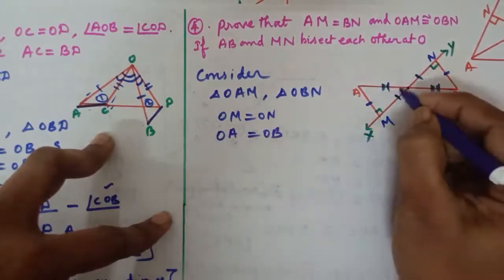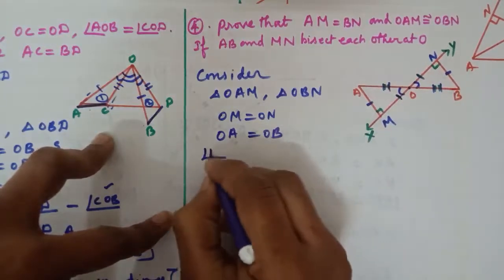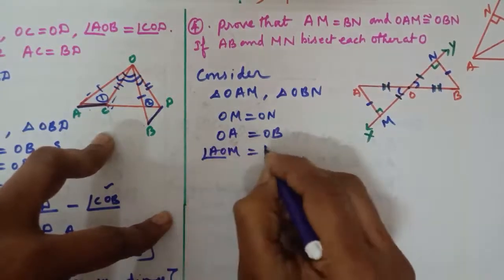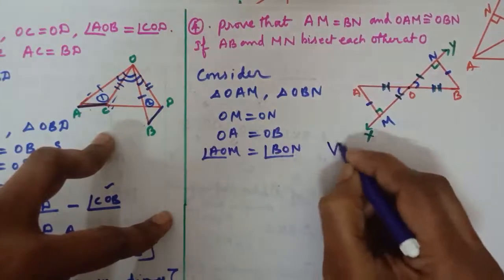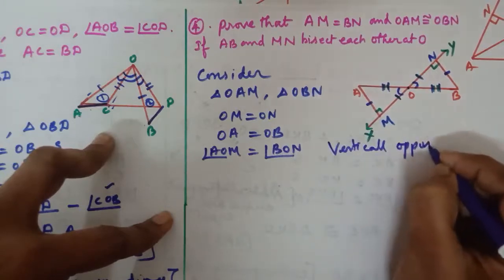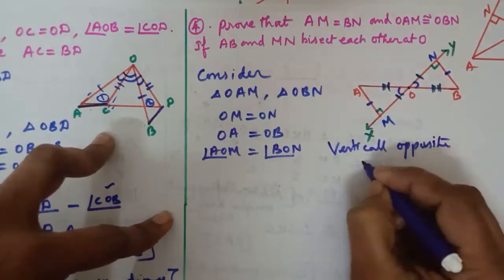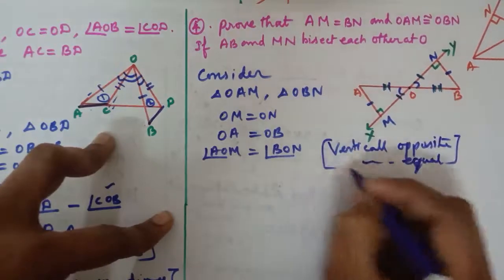This angle is equal to this angle, vertically opposite angle. So angle AOM is equal to angle BON, vertically opposite angles. Vertically opposite angles are equal.